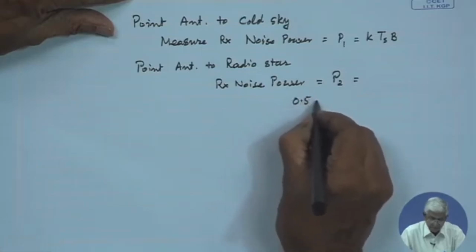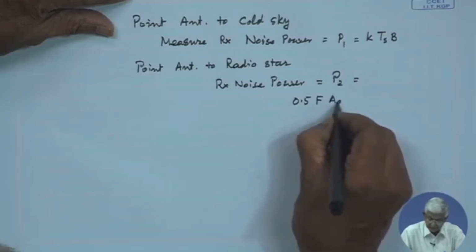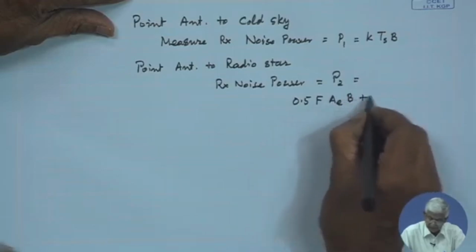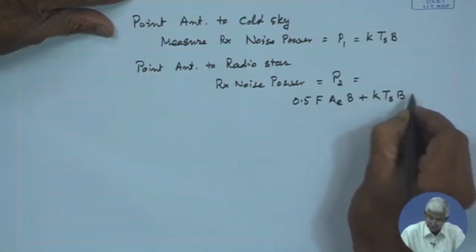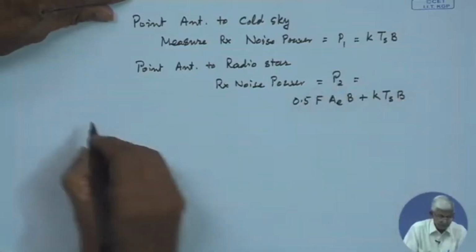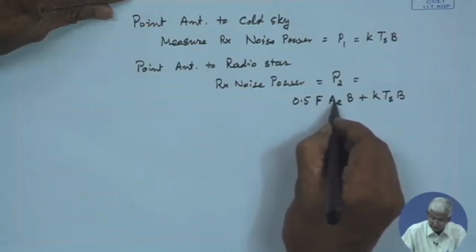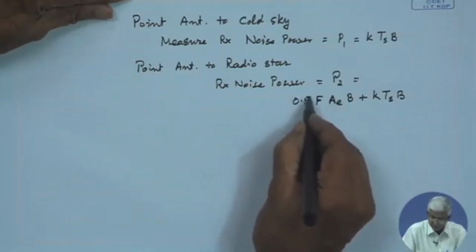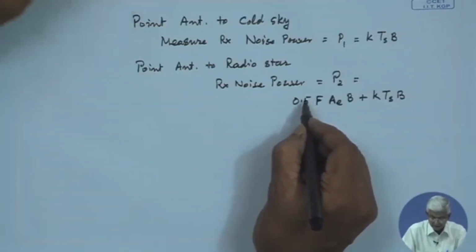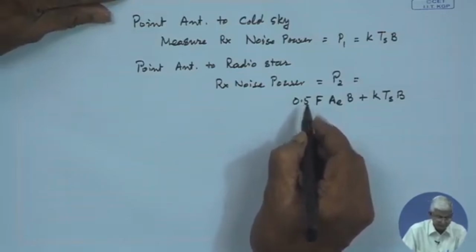0.5 times the flux density, the aperture of the antenna and the bandwidth, plus its own K Ts B noise. This is P2, where F is the flux density, A_E is the effective aperture of the receiver antenna, and 0.5 is there because the polarization of the noise coming is random, so 50% is taken.